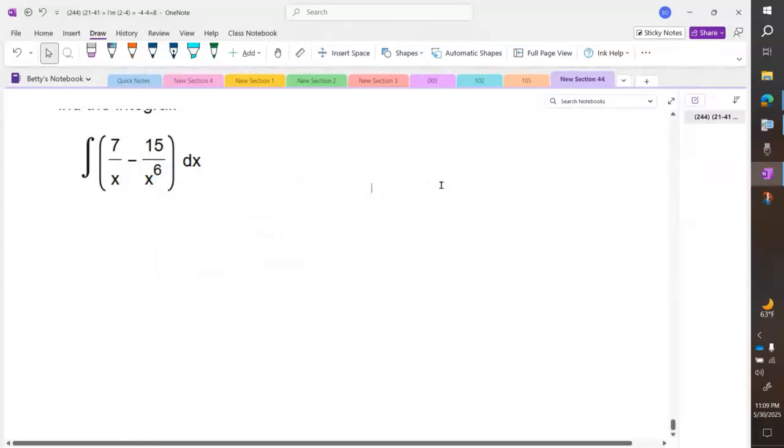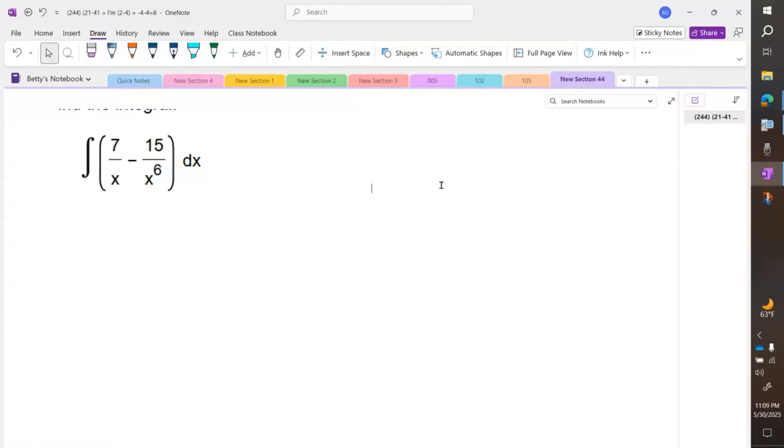Okay. So we're going to find the antiderivative, right? Do you remember the power rule? The antiderivative of x to the power n is x to the power n plus 1 over n plus 1, plus c.